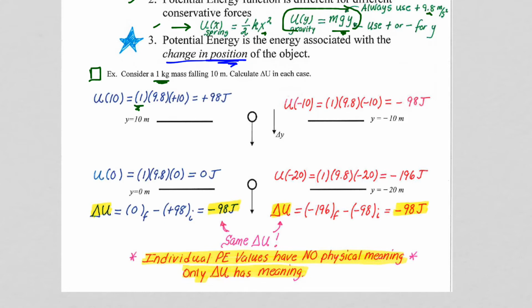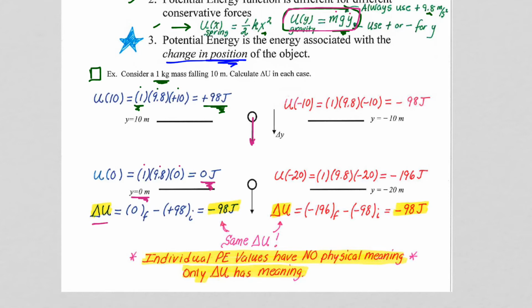So mg times positive 10, positive 98 joules. The object is going to fall 10 meters down to position 0, ground, and it has a potential energy joule value, again using this equation, mgy: m is 1, g is 9.8, y is 0, so 0 joules.